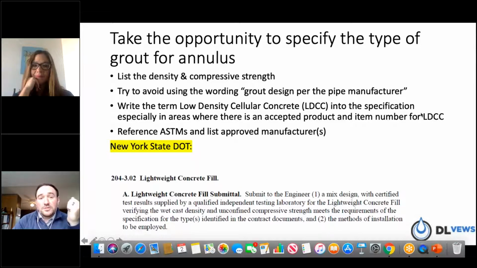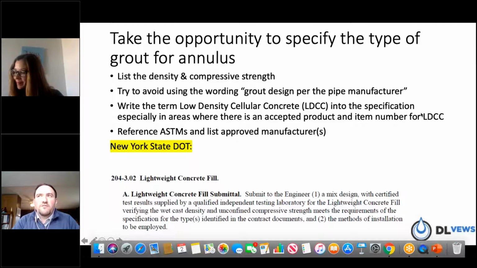Because remember, cellular grout is cement, water, and air. And I always joke that the manufactured air should be the cheapest component. So the fewer pounds of cement that you have per yard design, that's going to help the owner and the designer with a more cost-effective solution. If I was going to give you a more direct answer, Kathy, I've found examples here in New England where we've been right on point with flowable fill.